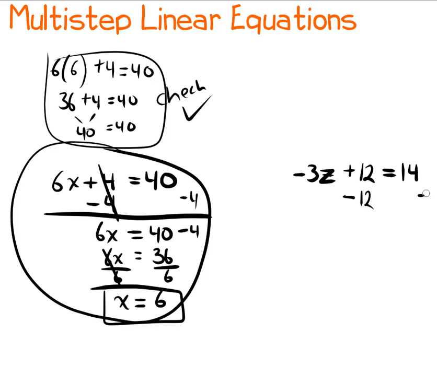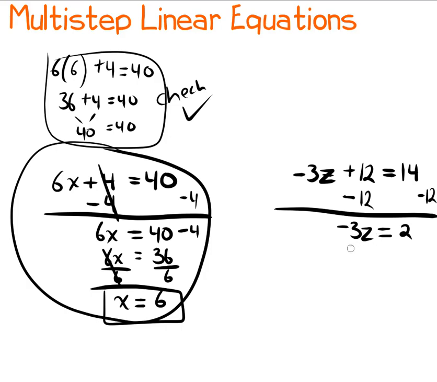And I'm left with negative 3z is equal to 14 minus 12. And I could actually do that 14 minus 12 in one step here. That's 14 minus 12 is 2, right? So negative 3z is equal to 2.